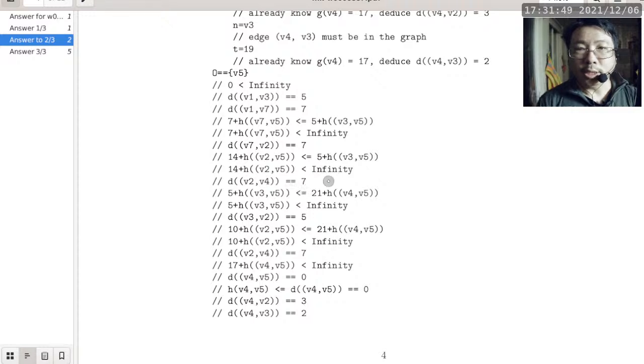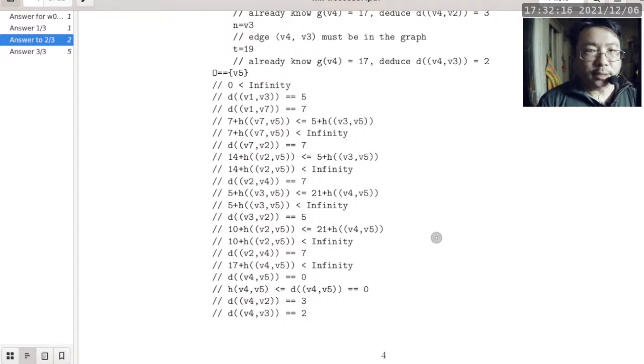So it does chain. So we know 5 plus h of v3 v5 is less than or equal to 21 plus h of v4 v5. And so basically, you have to give me the entire relation, everything between all of the unknown values, so I have to be able to see all that.